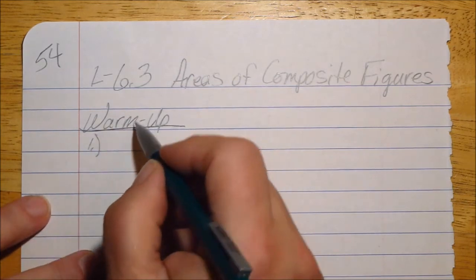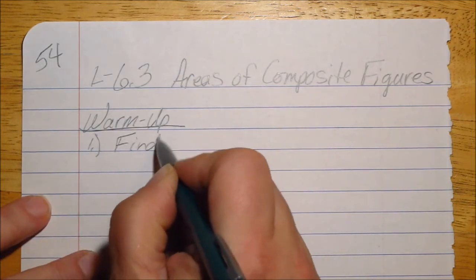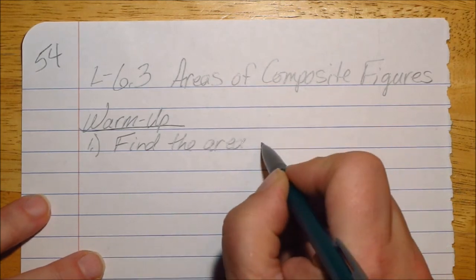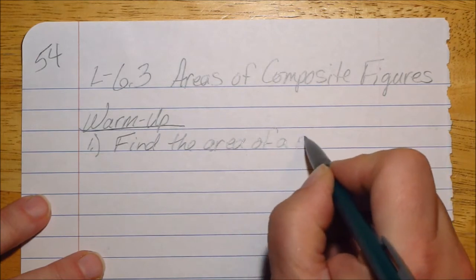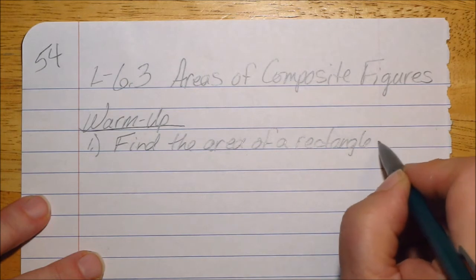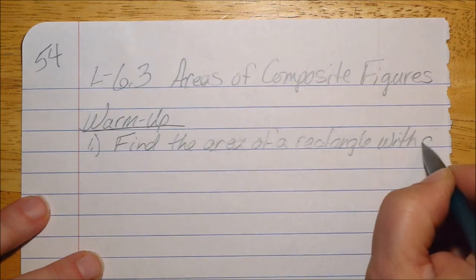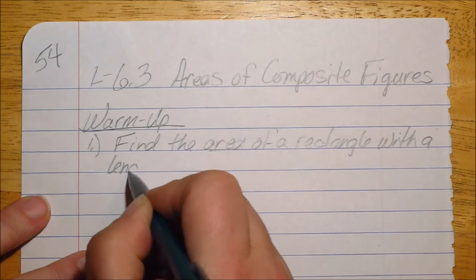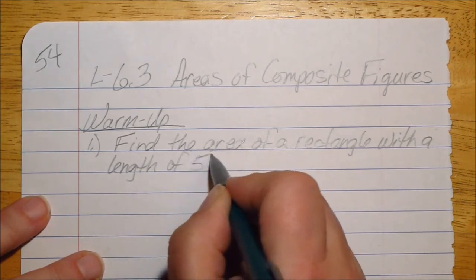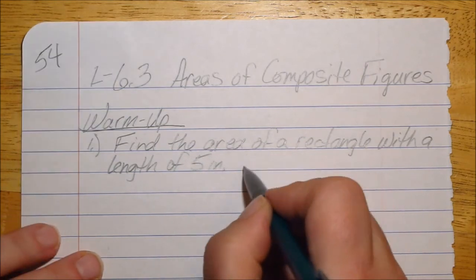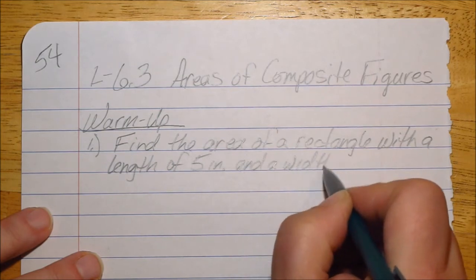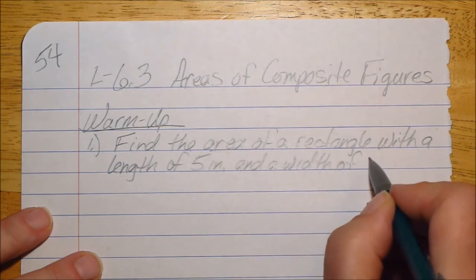Problem number 1 says, find the area of a rectangle with a length of 5 inches and a width of 3 inches.